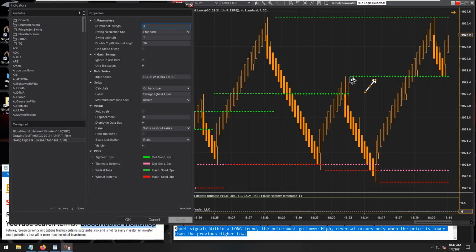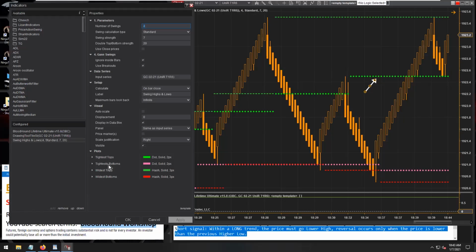But right, the dots, which are the lower highs or the higher lows, let's see if I can find, yeah, so here's some dots, red dots here coming from higher lows, right? And those are the tightest plots, right? So basically the widest plots are going to be the swing points on the outside, right?